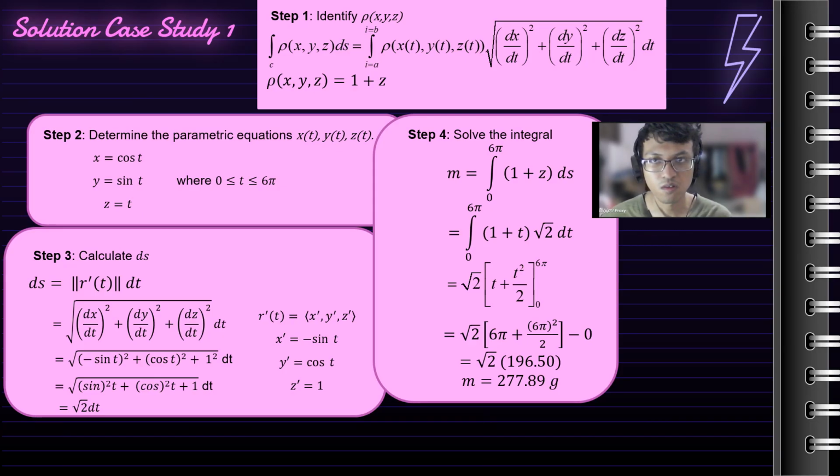To solve case study 1 manually, we have to find the density of the spring, which is the function given. From here we find x, y, z for the spring, so we have to integrate, and we have to find dx/dt from the parametric equation.